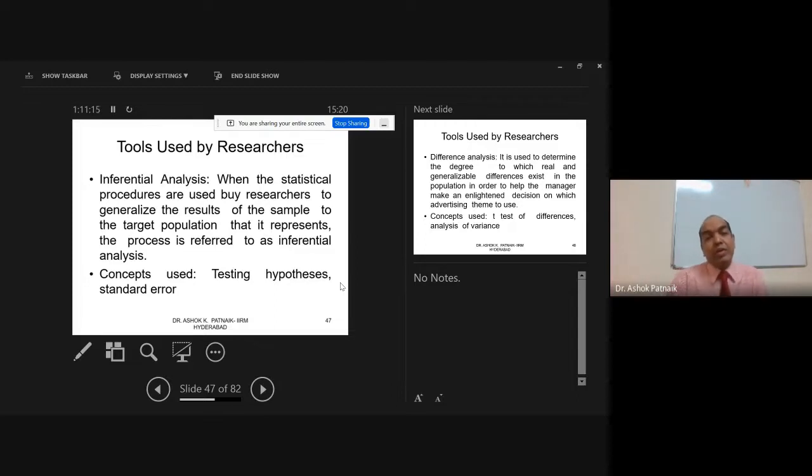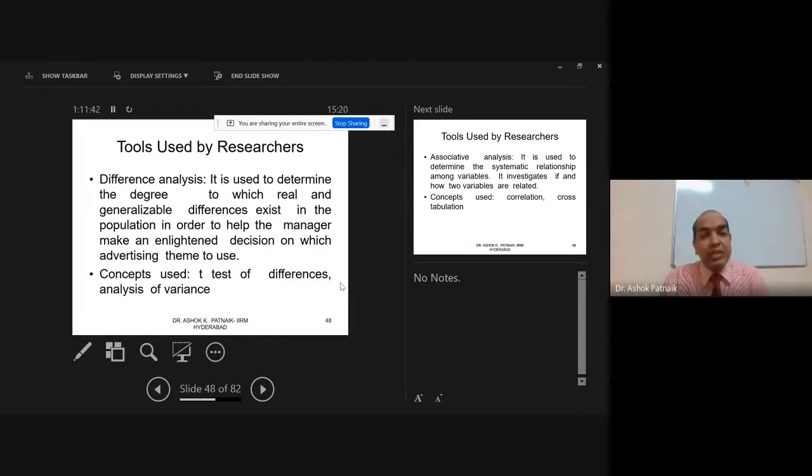When you are doing inferential statistics, you take a sample because you cannot study the entire population. You take a small group, derive the meaning from it, and use it for the entire population. Here you use hypotheses, and you also get to know about standard errors. I'll be talking about that after two slides.